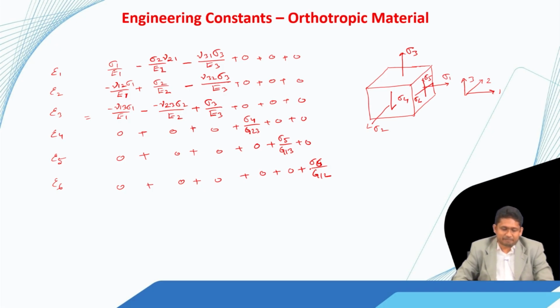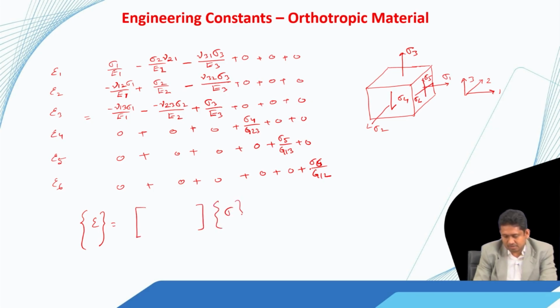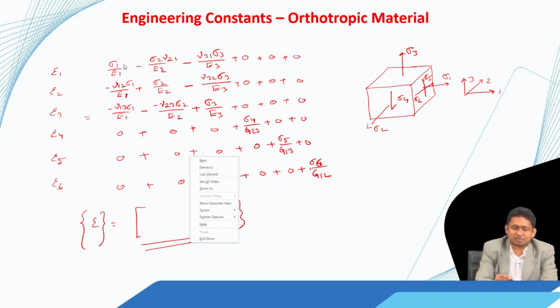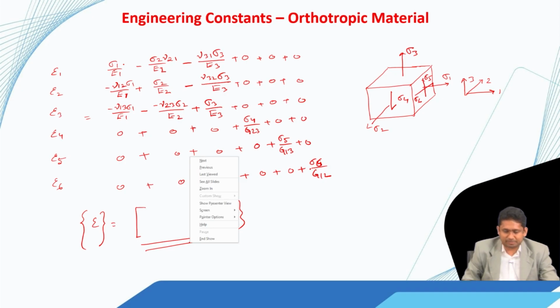Now, if I write all these things in matrix and vector notation, then we have the compliance matrix here, and that compliance matrix is just written in terms of all these engineering constants E 1, E 2, E 3, G 1 2, G 2 3 and G 1 3, and the Poisson's ratio terms.